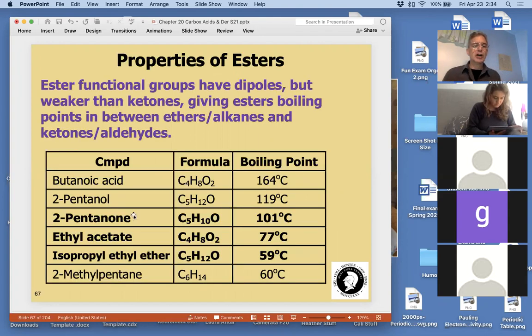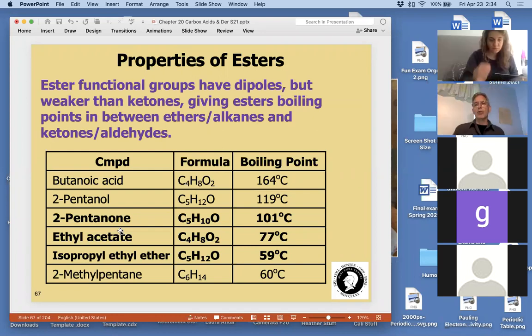Line it up now: alkanes and ethers, esters come next, then ketones, and then alcohols, with the carboxylic acids on the top. They have a significant dipole, a pi bond with a carbonyl group, but it's not as good as a ketone.